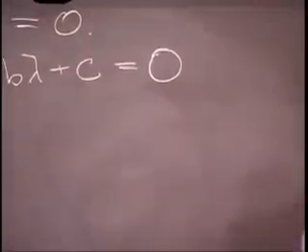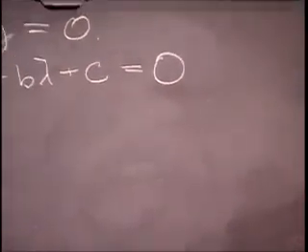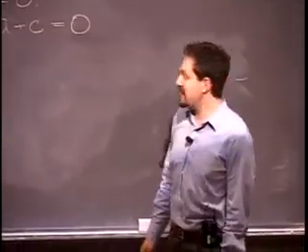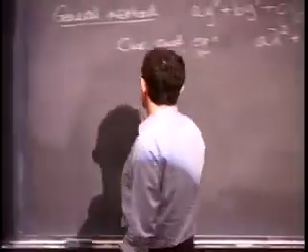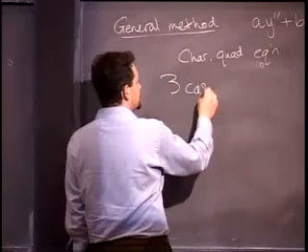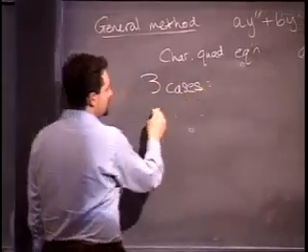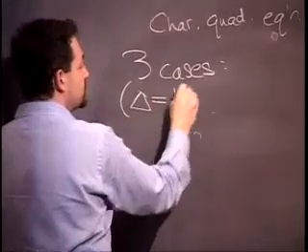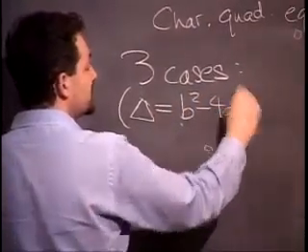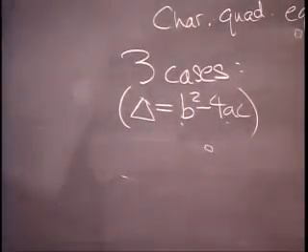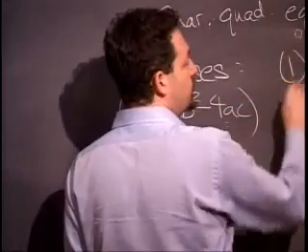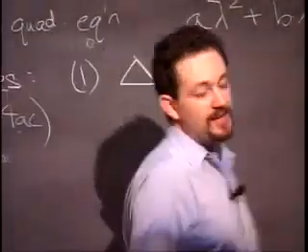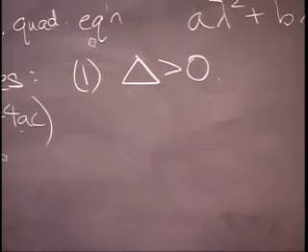And you try to solve it. Now, in this previous example, I was able to factor it and find the two solutions. But there are actually 3 cases, depending on the sign of the discriminant. And remember, the discriminant is, as always, b squared minus 4ac. So case 1 is where the discriminant is positive. Then there are 2 real roots.